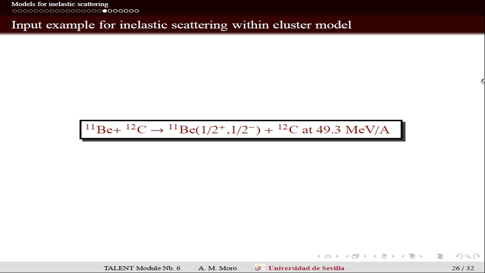Okay, so just to finish, I'd like to build the examples of a cluster model, you need to introduce new ingredients. I'm going to give you some indications in the case of bound states, and Filomena, after the coffee, will give you a more detailed explanation on how to include continuum states.